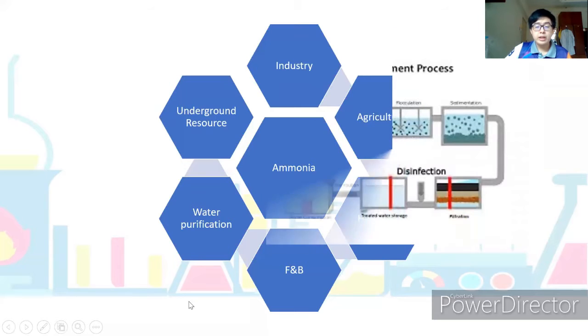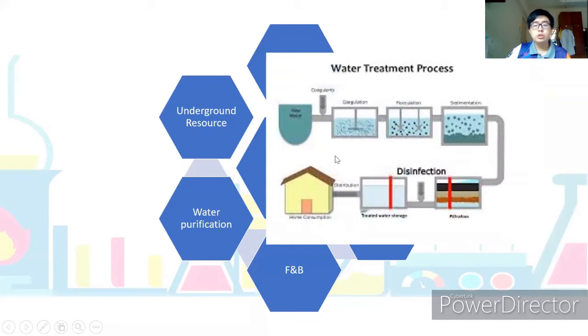In the water purification process, we also use ammonia to clean the waste and all the substances that need to be cleaned off in the water so that we could get clean water to be used.